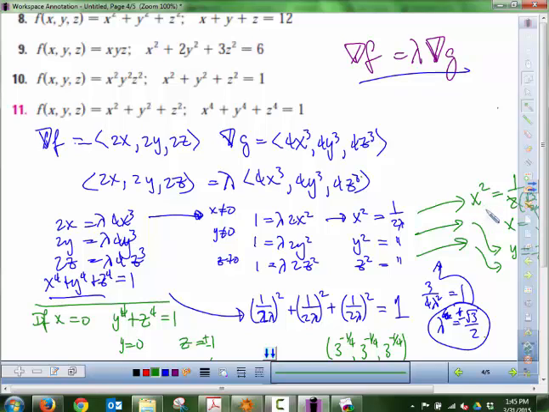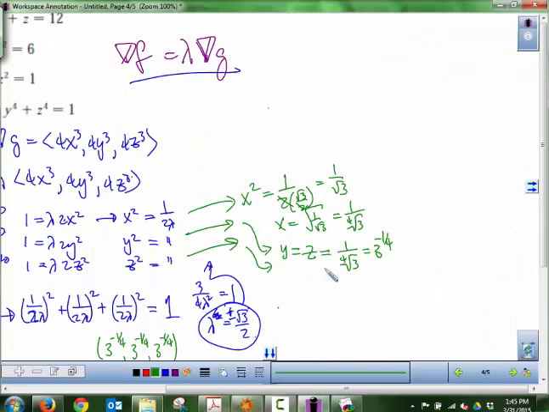And I think we threw out a bunch of negatives. Well, yeah, that's the thing, when we took the square root, you got x squared. When we take the square root of this to get x, it's plus and minus, right? Let's look at the back of the book, and it says the maximum is root 3 and the minimum is 1. Yeah, but the points where they happen is what I was kind of looking for.